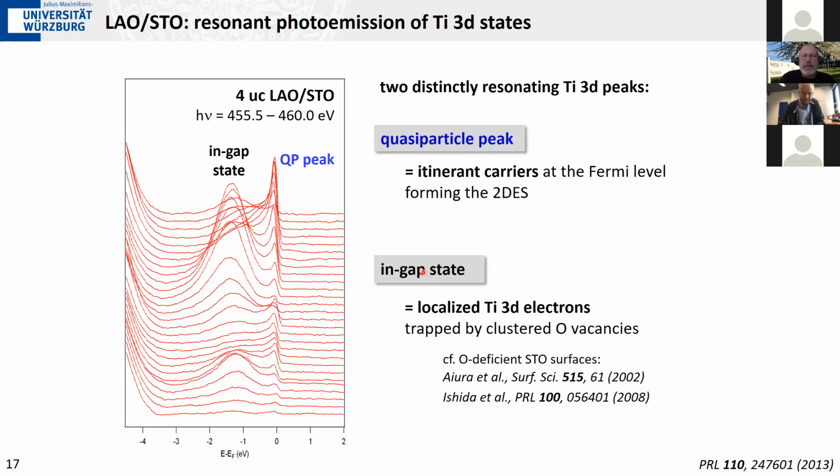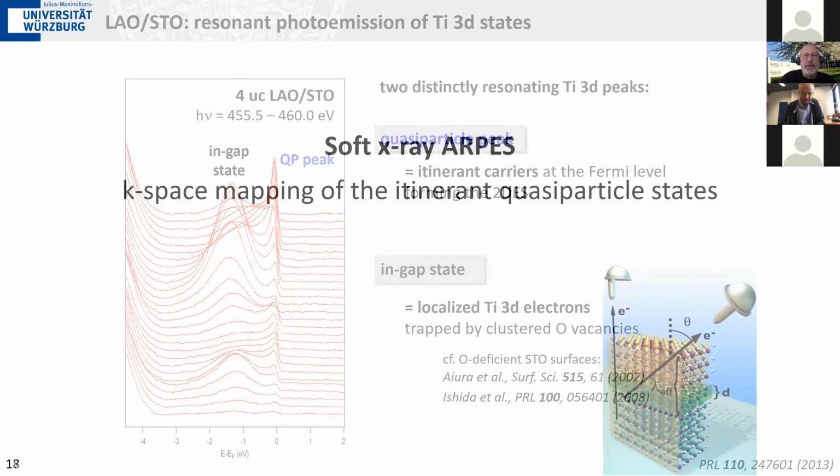Okay, so we have in-gap states, we have quasi-particle states. By the way, both of these states have been known before from bare STO, because if you take bare STO and you render it a little bit oxygen deficient, you also see these two types of peaks in photoemission spectroscopy.